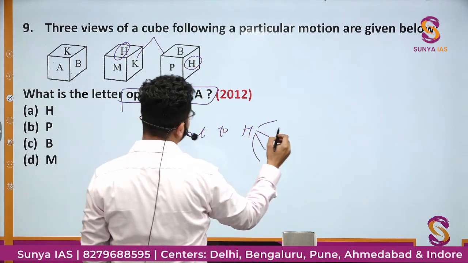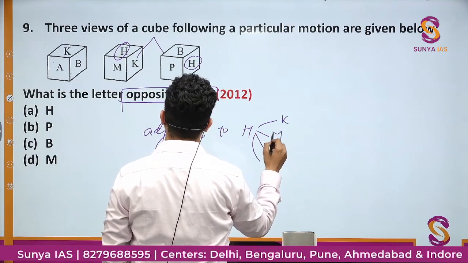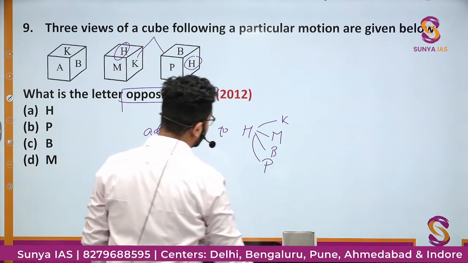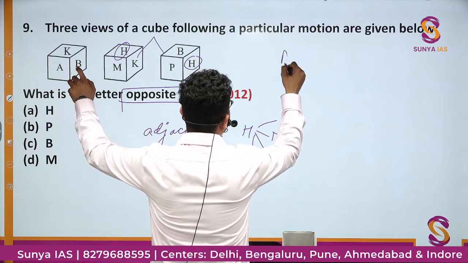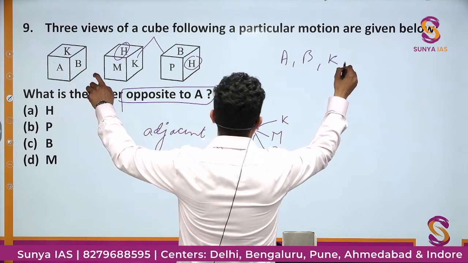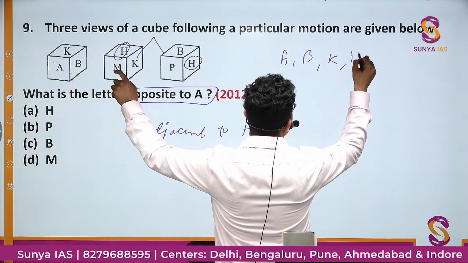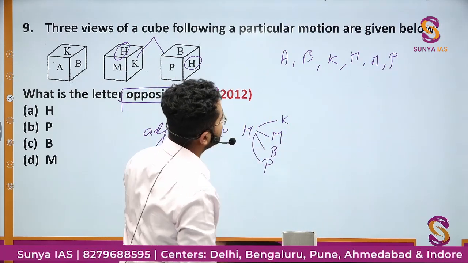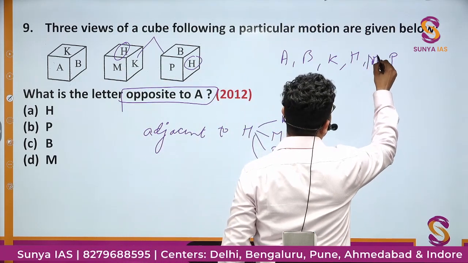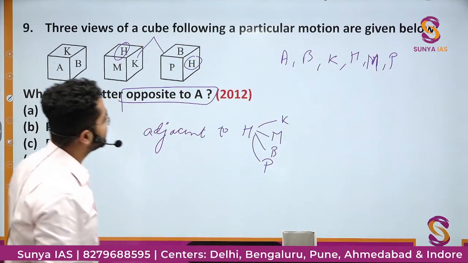Adjacent to H, K, M, B, P. KM, BP. And what are the possible things here? A, B, K, H, M, P. 6 faces. These 6 faces are there.